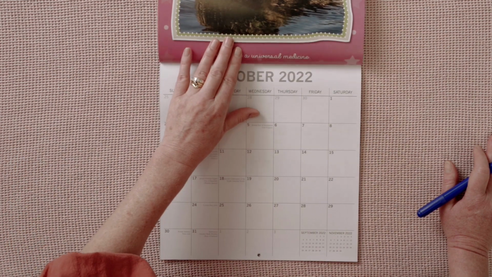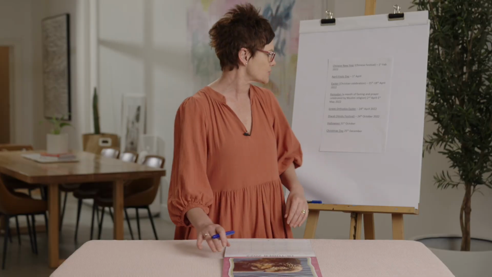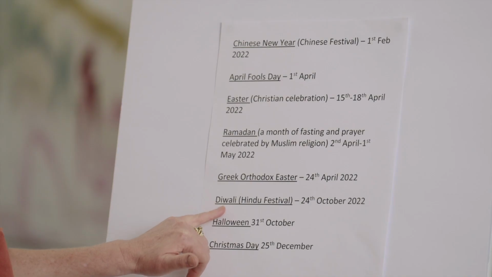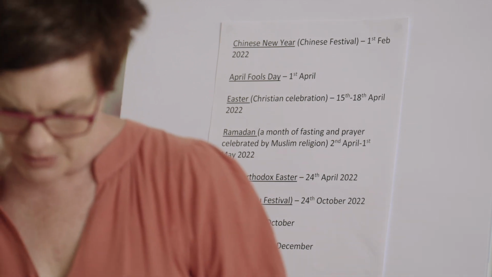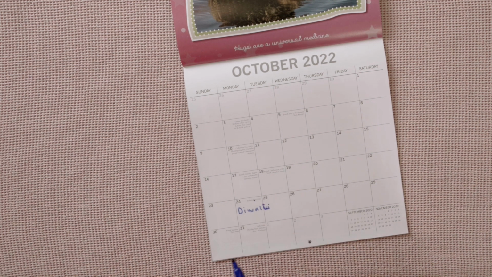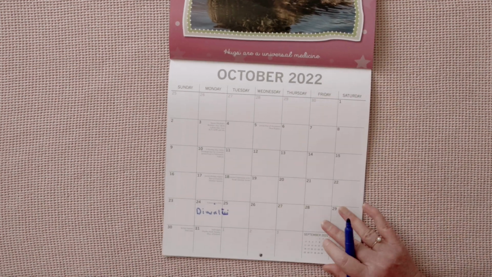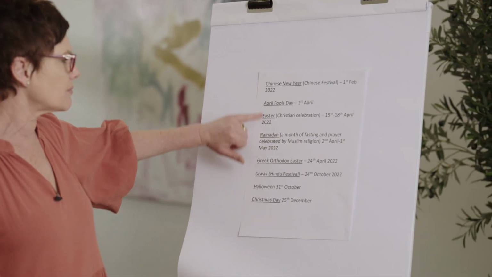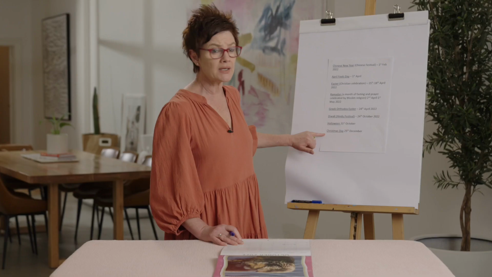Here we are at October, quite a few months down the track to Diwali, which is a Hindu festival, and it starts on the 24th of October. And this is where we find it on the 24th of October. Almost to the end of my list. We've got some lovely multicultural festivals throughout the year.